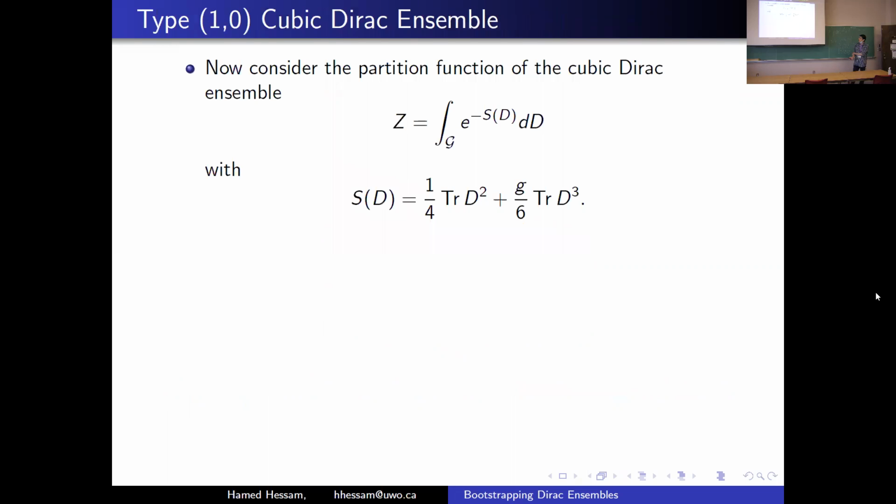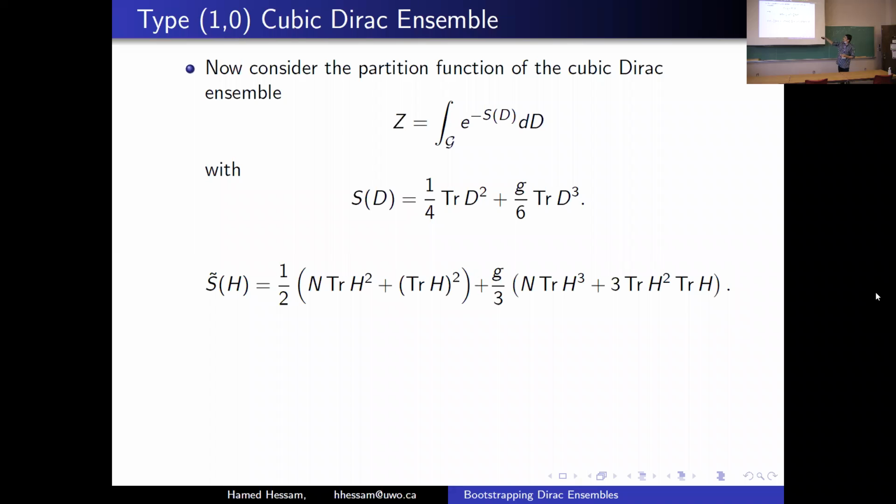Thank you. Let's solve the cubic case for type 1-0 as a warm-up. Then we go to type 2-0, which is the bimatrix model and byte ratio. Again, S of H looks like that. It is the byte ratio, just one matrix model, but here the odd moments are not 0.